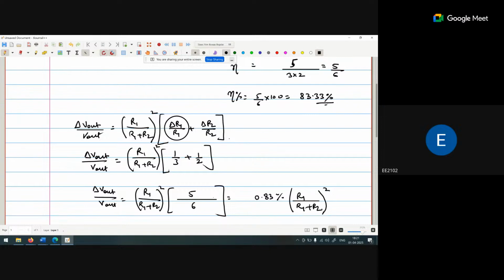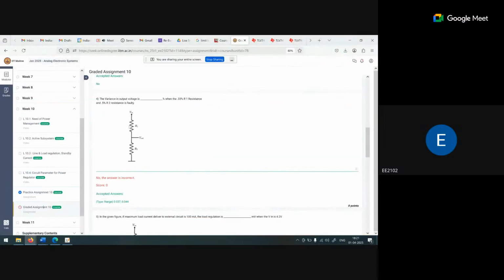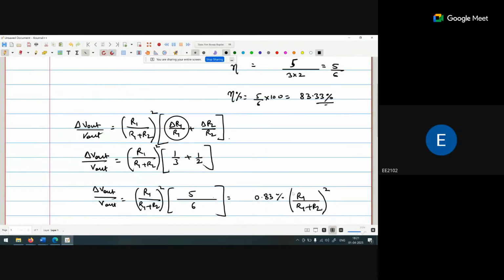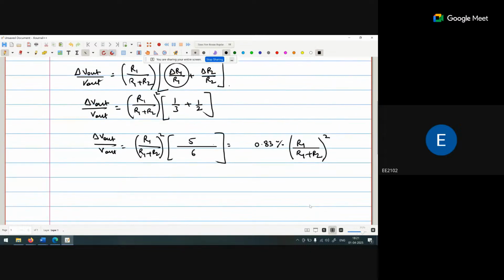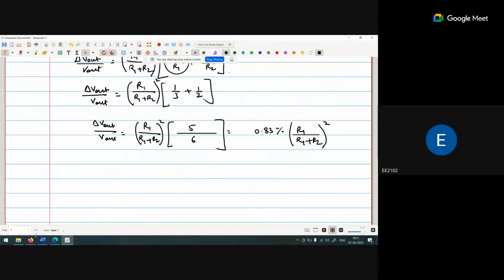This is the variation in the output voltage. Yes, sir. Thank you, sir. If R1 and R2 are given, you can put in the values of R1 and R2 and calculate the variations. But R1 and R2 are not given here, so that's why we are keeping R1 and R2 in this expression.